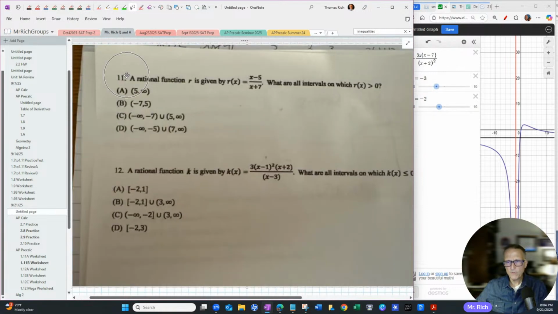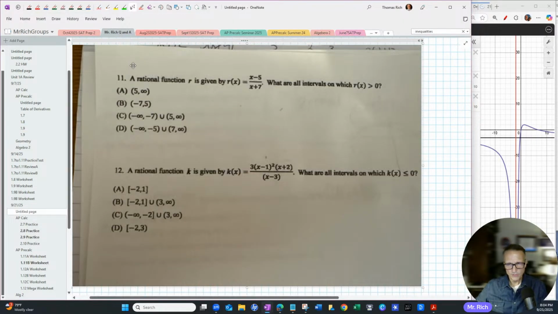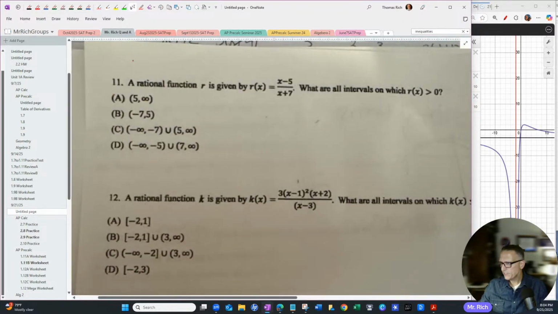So these come from pre-calc, and this has to do with rational functions. So here is the first question that we're asked. It says that there's a rational function r given by r of x equals x minus 5 over x plus 7. What are all intervals on which that function is greater than 0?